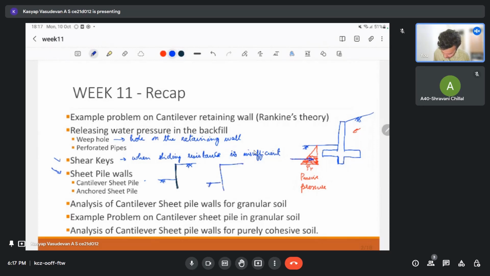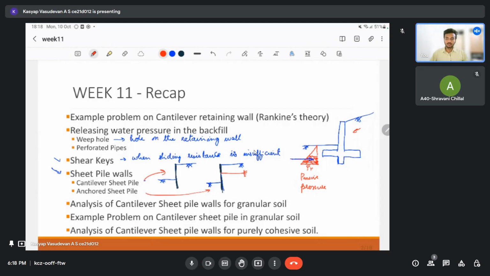We anchor our sheet pile inside our backfill so that we get an extra resistance from the backfill. This helps us to give a smaller dimension of the sheet pile, and the cross section and material requirement will be much lesser. So the efficiency of this member increases. So this is also used in such cases.